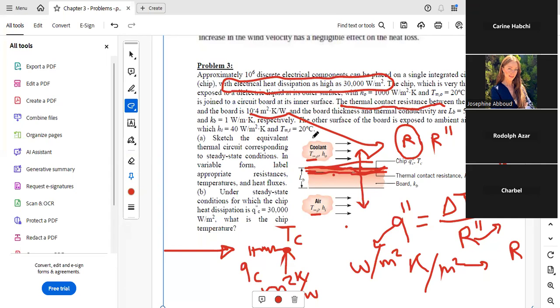Yes, it's convection. Resistance by convection. Exactly, only by convection. And since I'm dealing with Q second, I should put R second convection, which is 1 over h out, okay?